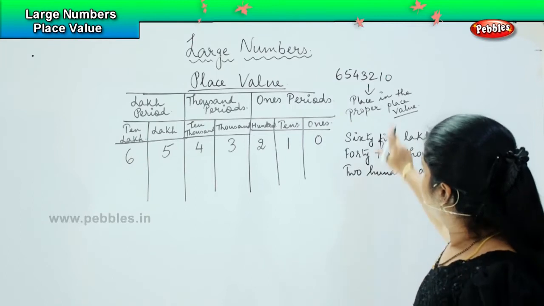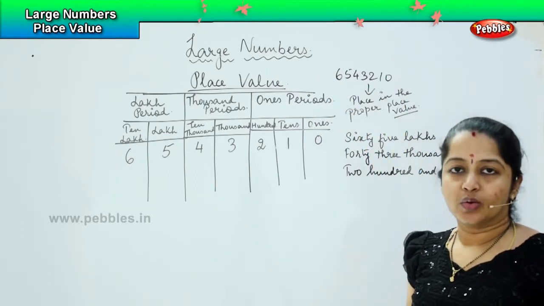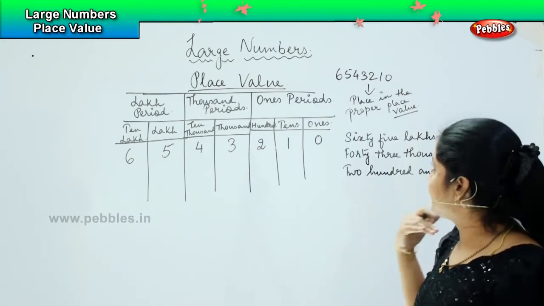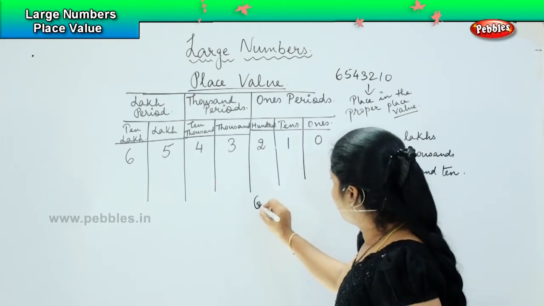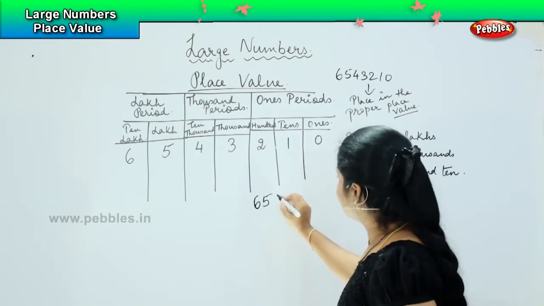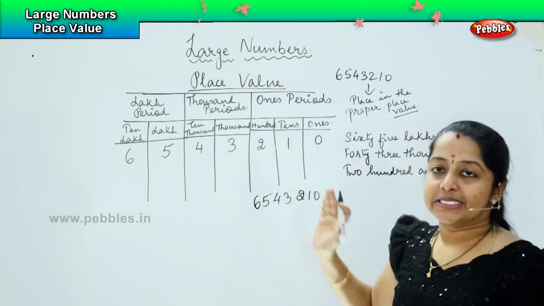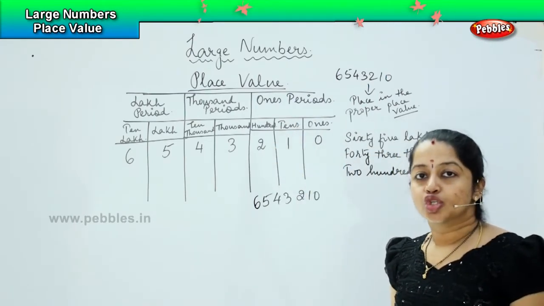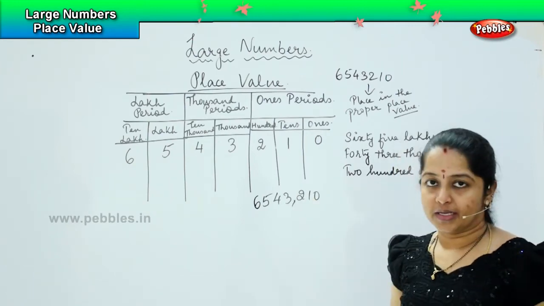Okay. Now, if I write just like 6543210, I don't understand it properly. When I just have a glance, it is not very clear for me. So, how will I write this to make it more simplified? Okay. So, as I said, we will be separating it with the periods. So, ones period is 0, 1, 2, right? I will put a comma here.